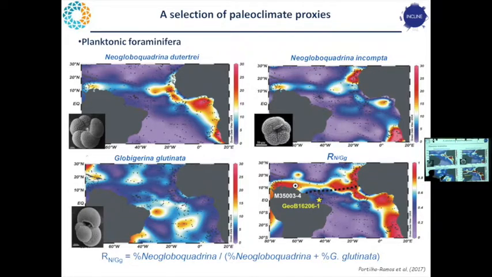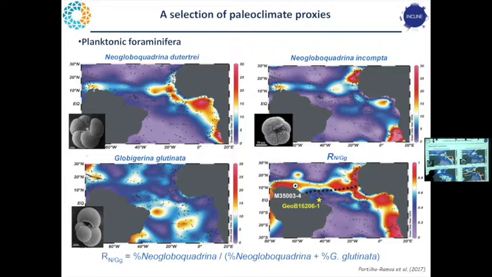So what we can see is the species occurring in large amounts in the eastern boundary of the South Atlantic and at a specific bend immediately to the north of the equator. This other species, Neogloboquadrina incompta, shows a similar distribution in the Atlantic. This is present-day, modern. Okay?